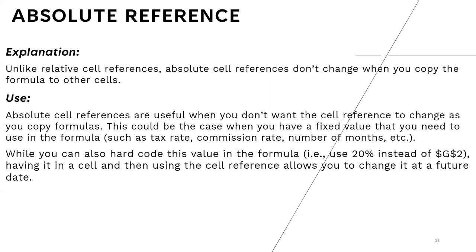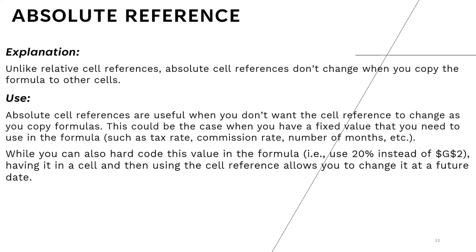Yes, you can do that, but the only challenge is that at a later date, if you want to change the tax rate or the commission rate or the number of months, then you will have to actually go inside the formula, change the value in the formula, and copy and paste that formula again in your worksheet.